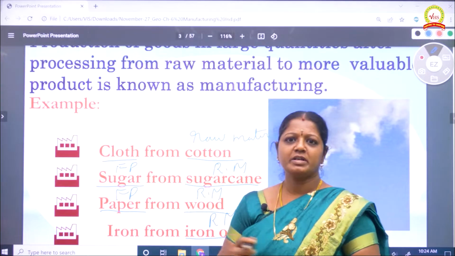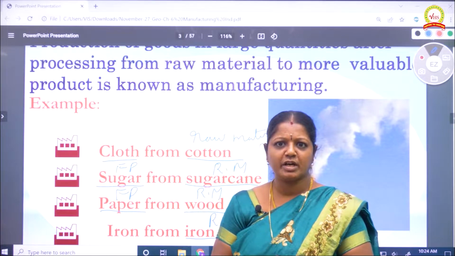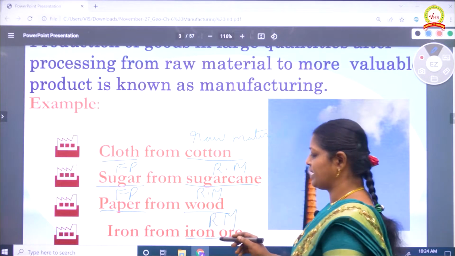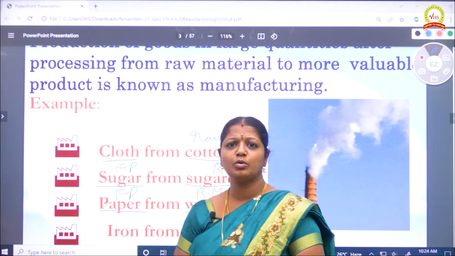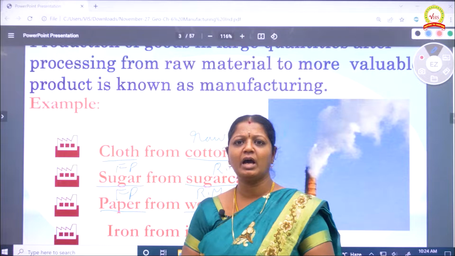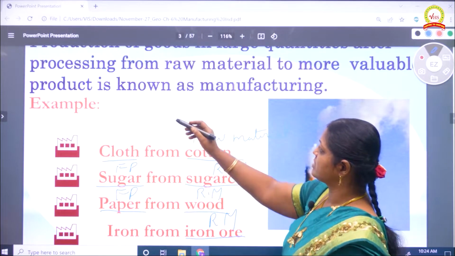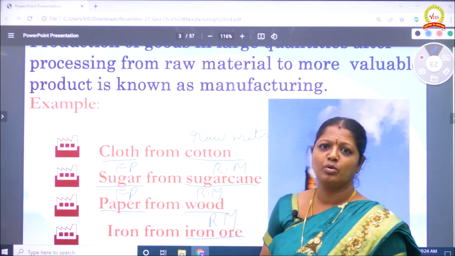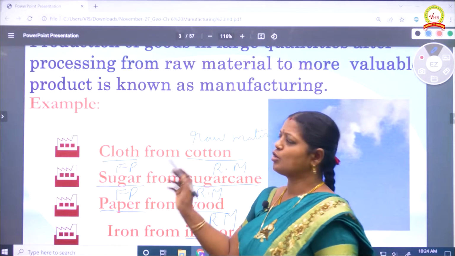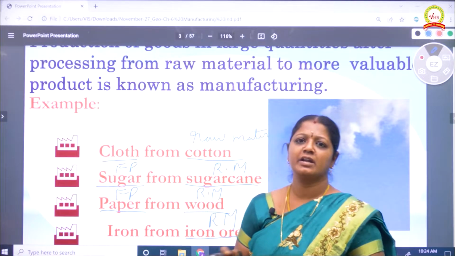During mining, the iron ore is taken from the ground, which is a primary activity, and then it is sent to the iron and steel industries where the iron ore is processed and made into iron. This process is known as manufacturing. All this takes place in the industry. So industry is a secondary activity.